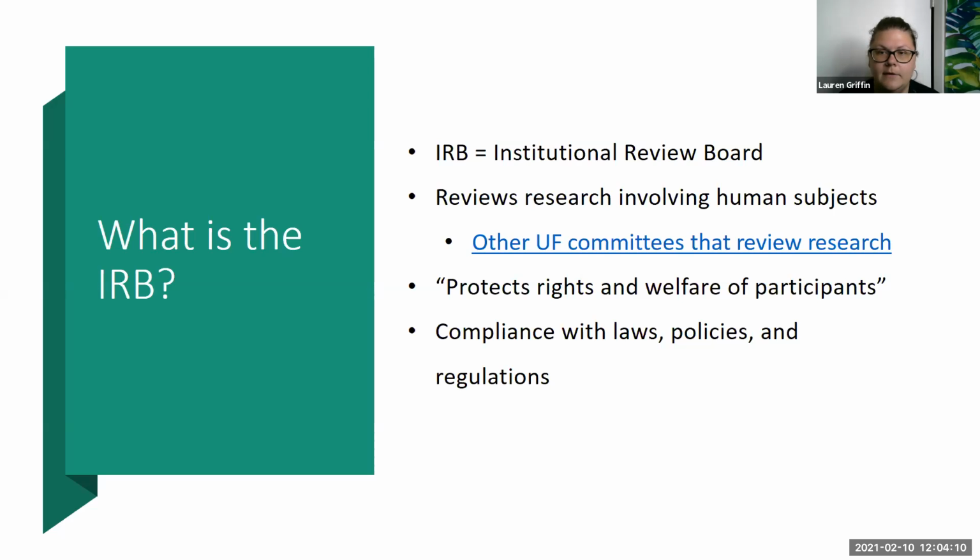There are other institutions or other committees at UF that also review research. Those have slightly different roles. We do work with them very, very closely. But as I said, they have different things that they're looking for when they go through their reviews of studies. We are the main one that talks about policies and ensuring that we're complying with federal law, state law, local policies.